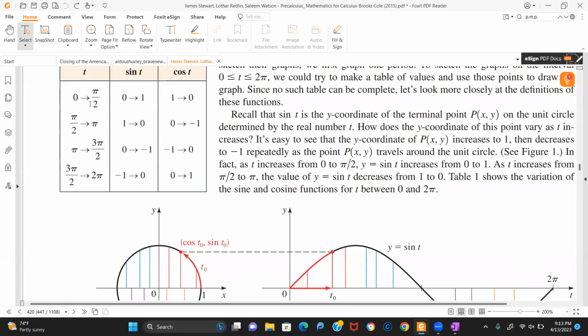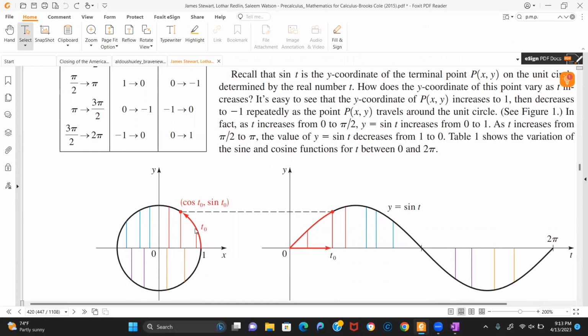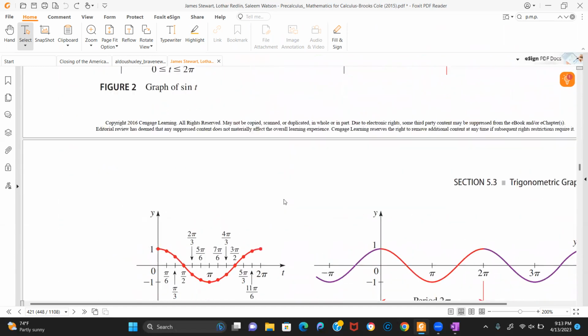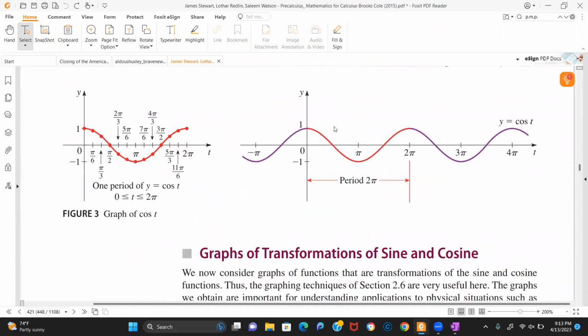And then as t varies from 0 to 2 pi, you start to climb up this, and your x coordinates are getting smaller. In fact, they approach zero once you get to pi over two, because the x coordinate is zero there. So you can go through that exact same reasoning and get the graph of cosine, which is right here. And again, it has a period of 2 pi.